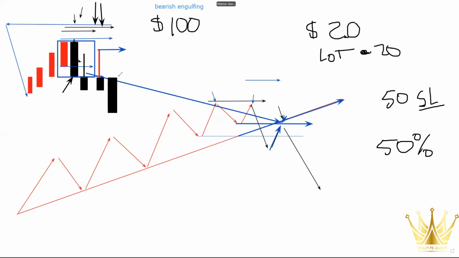meaning identifying your trade, the setup with the price action, you need to identify your stop loss, okay? The moment you identify your entry, you will be able to identify your stop loss before this bearish candle closes.